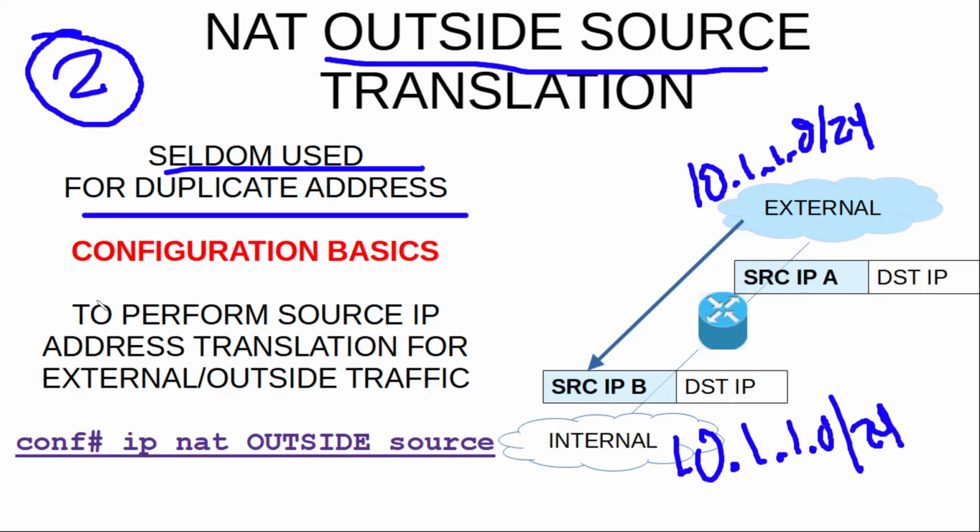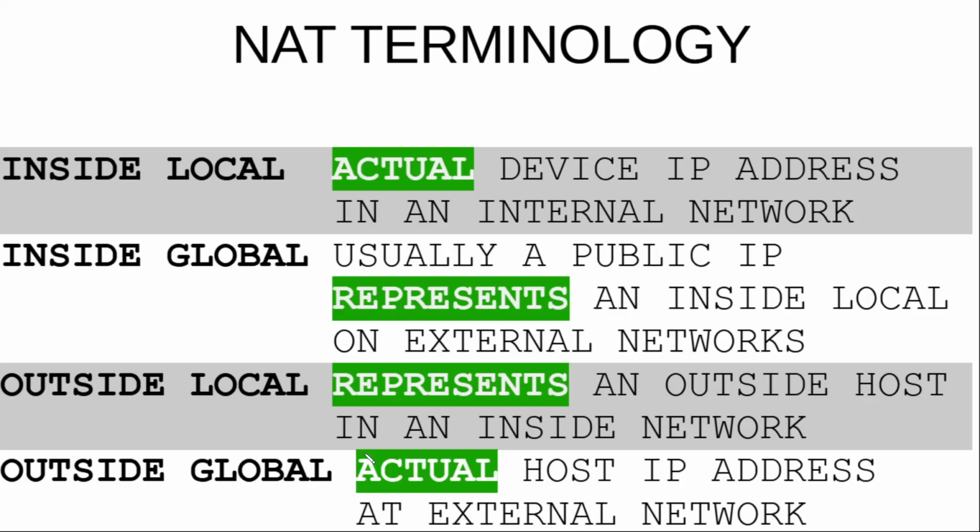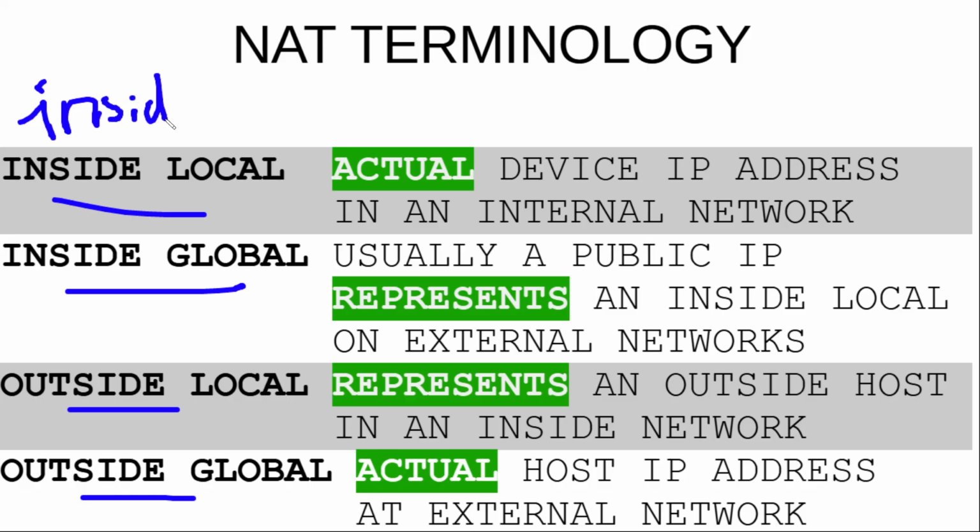In order to configure that, the command changes a little. In this case it is ip nat outside source. And then you have to learn these terms, because when issuing show commands for NAT, you will see this terminology: inside local, inside global, outside local, and outside global. So for instance, if you're using inside source NAT translation, which is option 1, your outside local and your outside global will be the same.